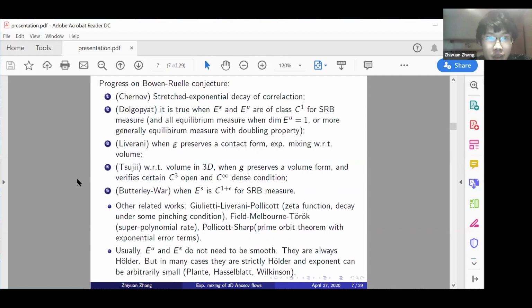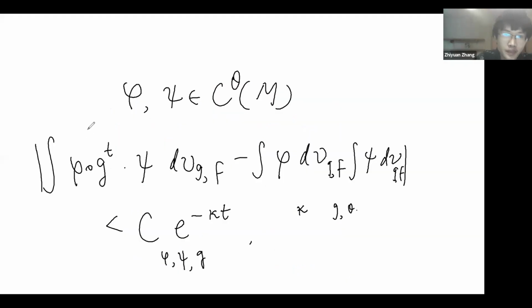So we mention some previous progress on this conjecture. Chernov showed that you can have stretched exponential decay of correlation. What I wrote on the whiteboard is called a correlation, and what Chernov showed is basically about this.